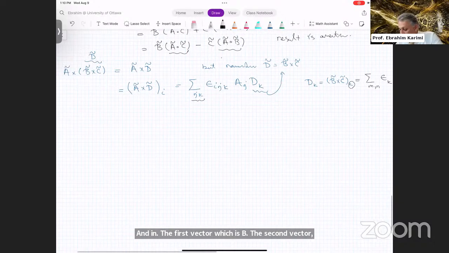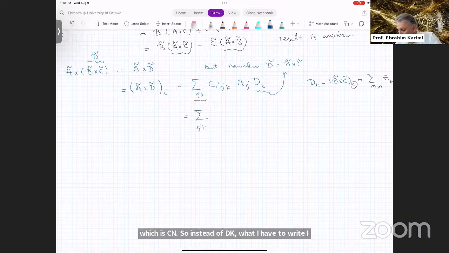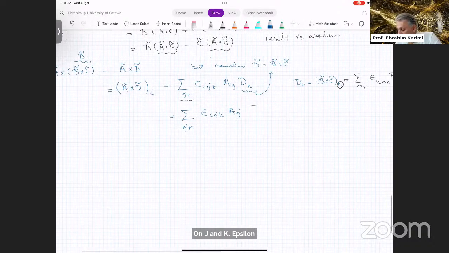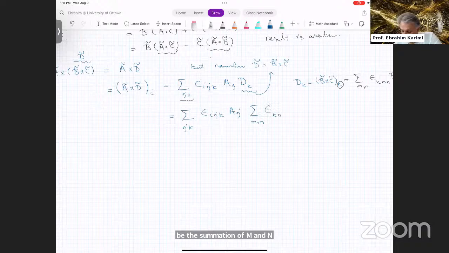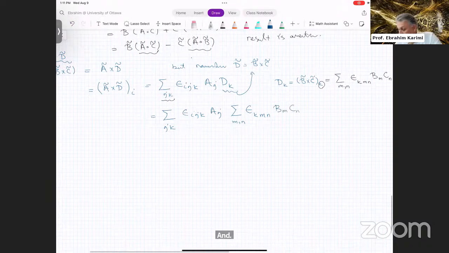So instead of D_K, I write the summation over J and K, epsilon I, J, K, A_J, and then D_K, which I replace with the summation over M and N, epsilon K, M, N, B_M, C_N. Good. I don't believe that there is any problem because that's the definition that we have.